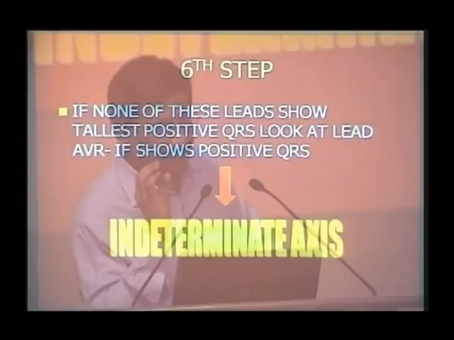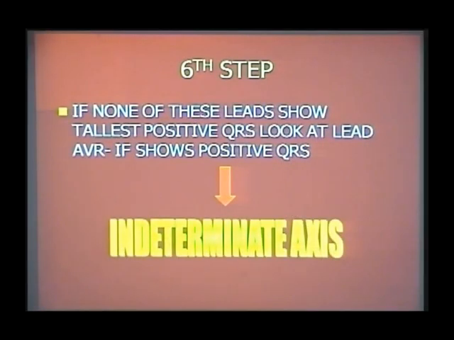The axis in this situation cannot be determined because the axis is going towards the AVR. All your 5 leads will show equiphasic complexes. They will not be positive, they will not be negative. So this is an indeterminate axis. So normal axis, right axis, left axis, indeterminate axis. So 4 axes. Is that clear?